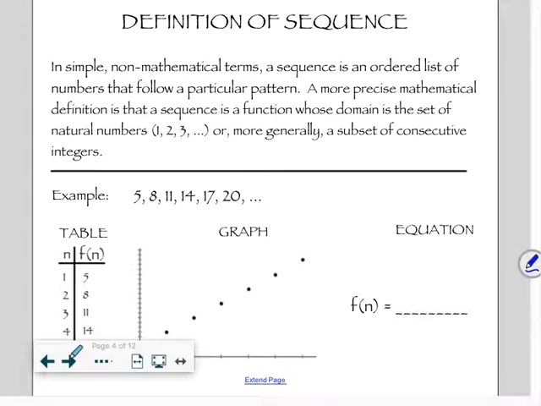All right, so let's get into some definitions. I'm going to give you about 20 seconds, and I want you to read that paragraph definition, and then we'll talk about it.